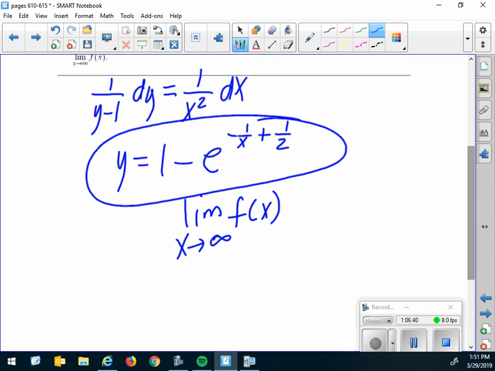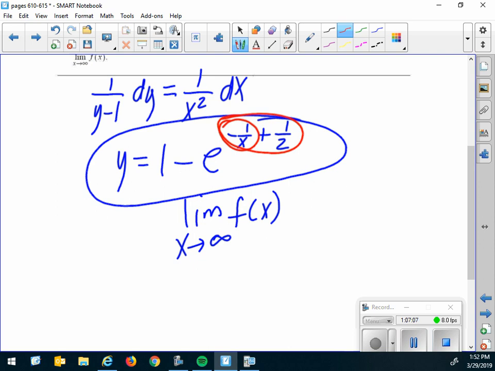Why do you think it might be 1? So this piece right here, as x gets huge, what's that piece going to do? That's going to get closer and closer to 0, right? So if this gets closer and closer to 0, what's this whole thing going to get closer and closer to?